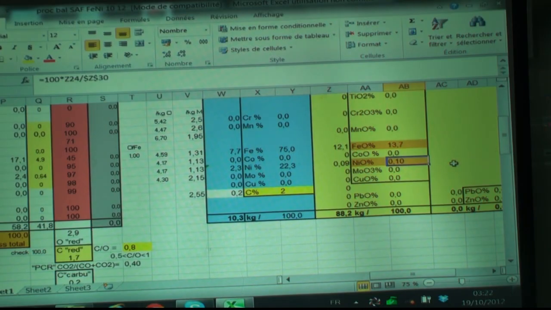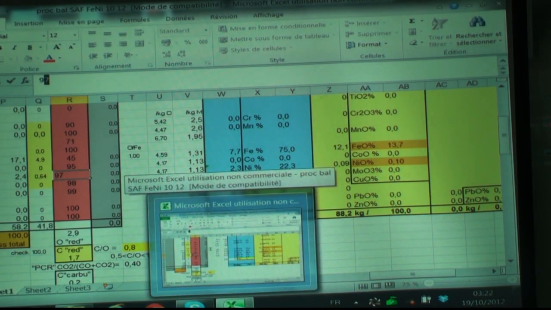It's just that you could say it can be improved. Where is nickel? Let's put 98 instead of 97.